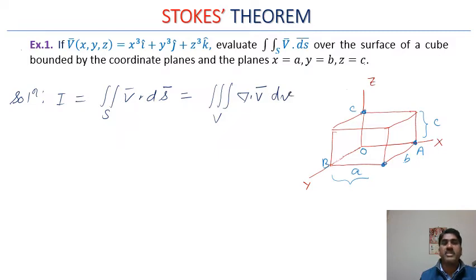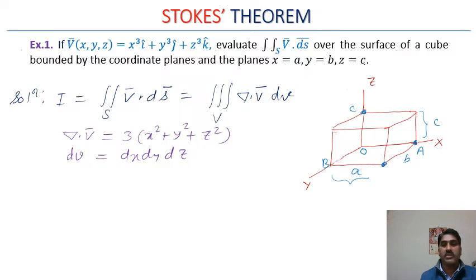So first we need to calculate divergence of V. We have done a lot of questions for divergence, and there is a separate lecture for this. So del dot V is equal to 3 times x square plus y square plus z square. And dV is dx dy dz, the infinitesimally small elementary volume.